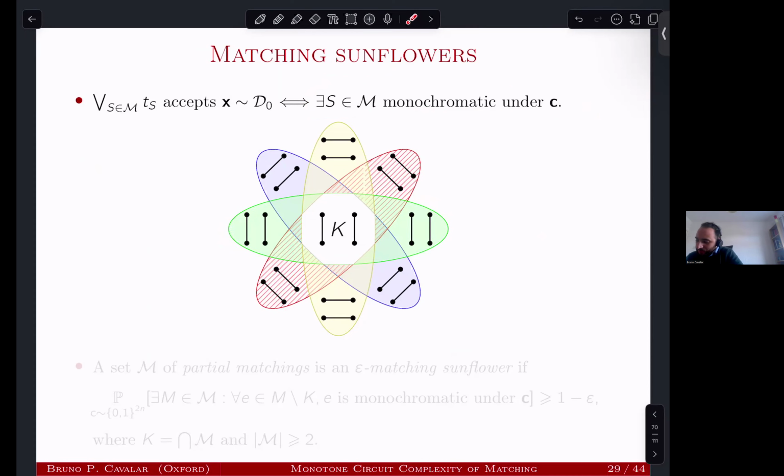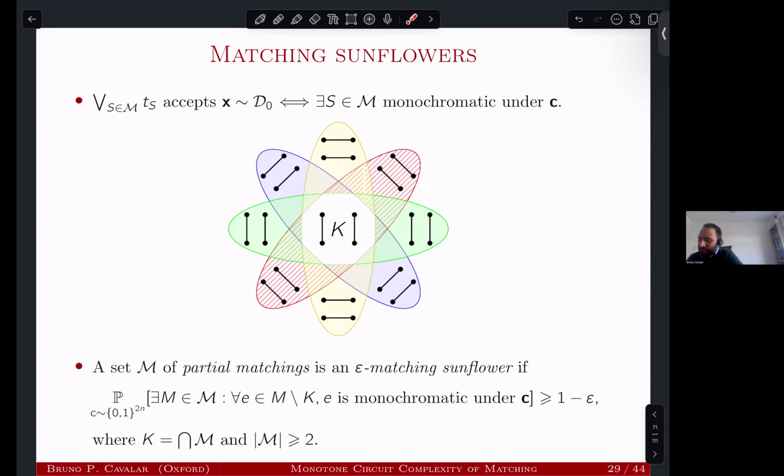Because this core K of edges in a matching is necessary to make monochromatic for the whole matching to be monochromatic. And moreover, we would like to have the property that if this is monochromatic colored, then one of the matchings is also monochromatic. And this means that we have low approximation error.